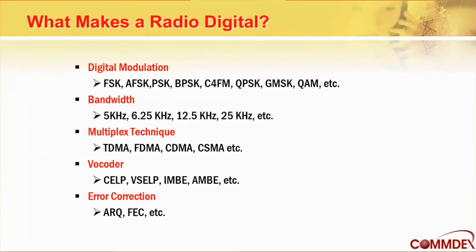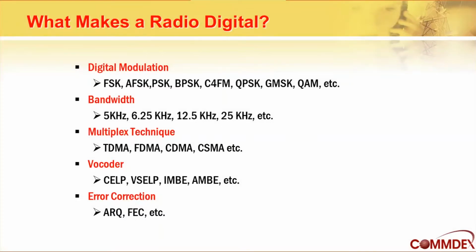It's going to require a specific type of multiplex technique to get multiple users on the channel. It's going to have a vocoder to turn analog voice into digital, and it's going to employ some form of error correction so that we can have that enhanced coverage due to error correction.